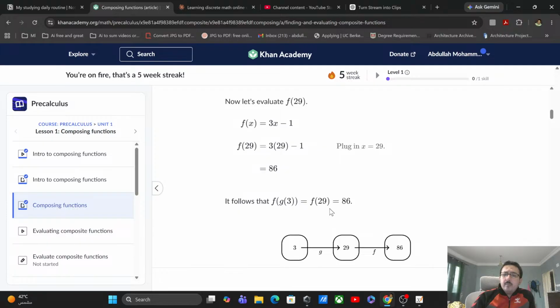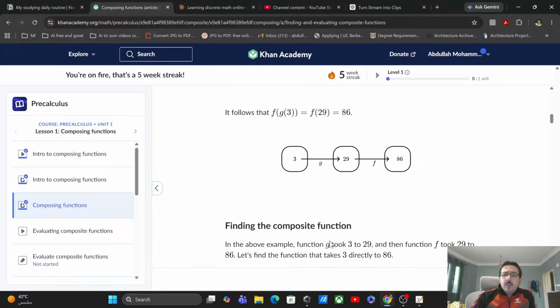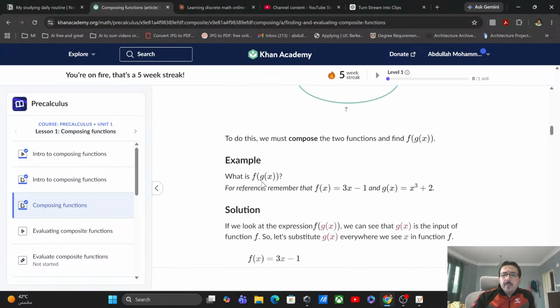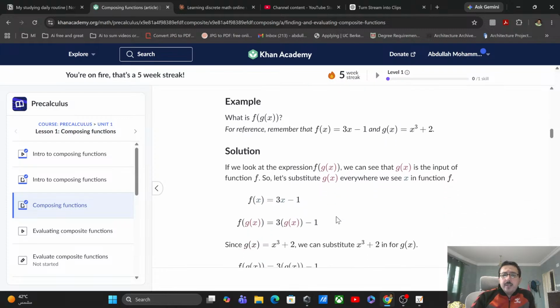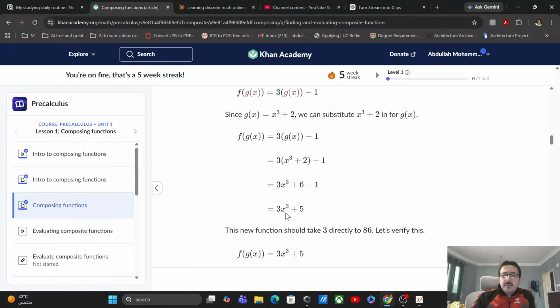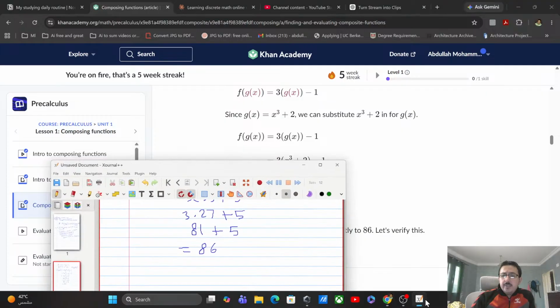Okay. Finding the composite function. The composite function that takes you to the example and g of 3, which is what we just did, 3x cubed plus 5. That's what we just did here.